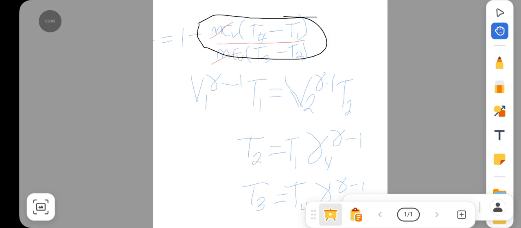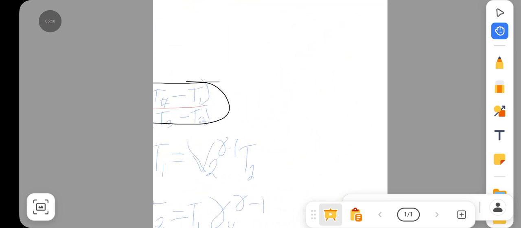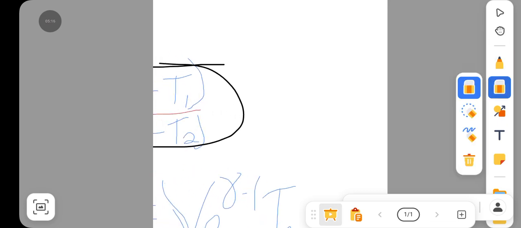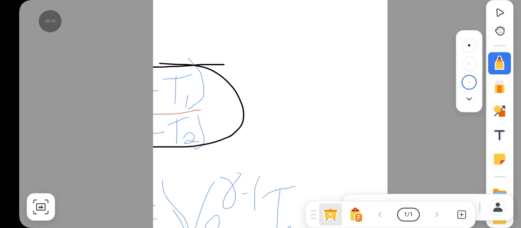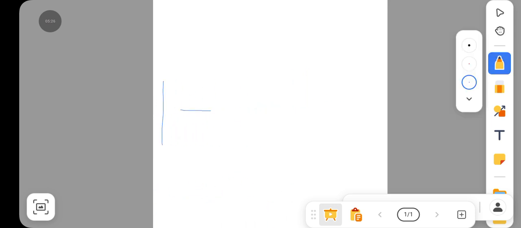This would be equal to 1 minus (T4 minus T1), which is originally on top, over, now we have our T3 and our T2, so we just put them in the denominator.